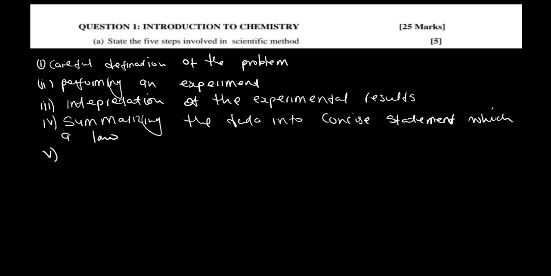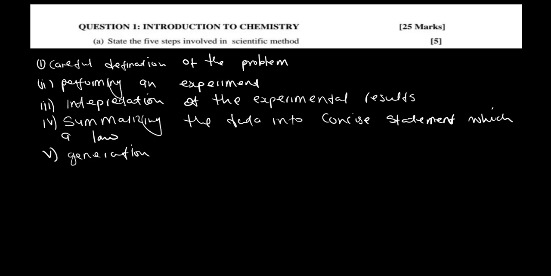Now the fifth point will be generation of the hypothesis or a theory. So we generate a theory. A theory now is the one that you have just come up with, your proven experiment, so you call it a theory, like the Big Bang theory.